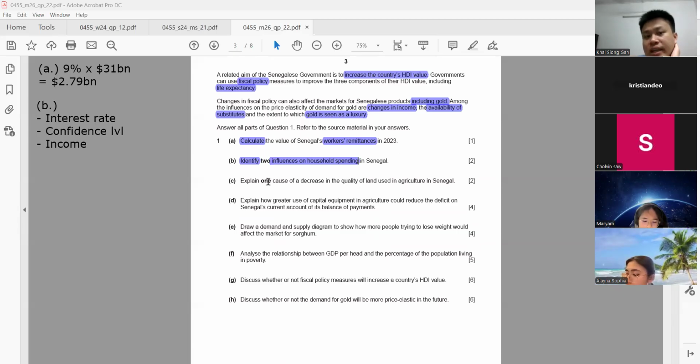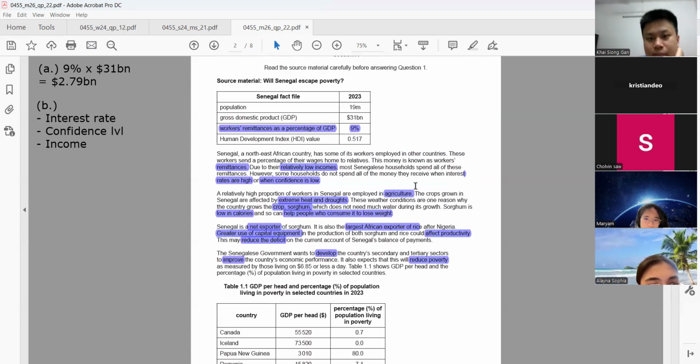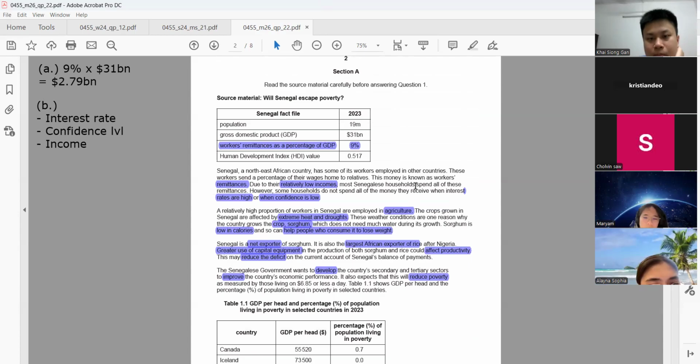Okay, next one. Explain one cause of a decrease in the quality of land use in agriculture in Senegal. One cause of a decrease in the quality of land. Explanation question, 2 marks, point and explanation.